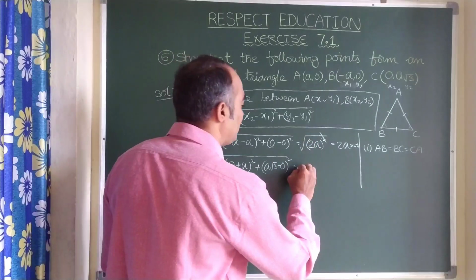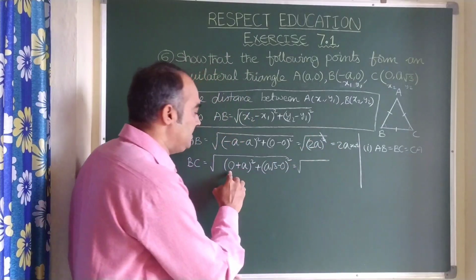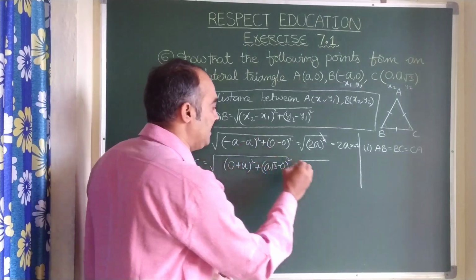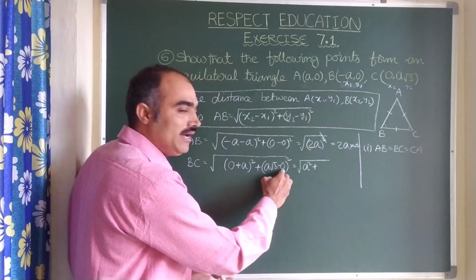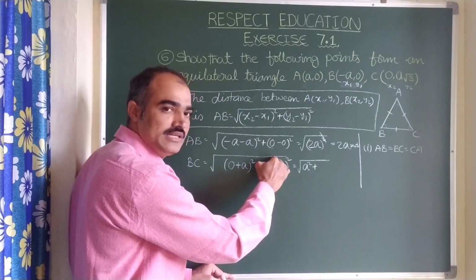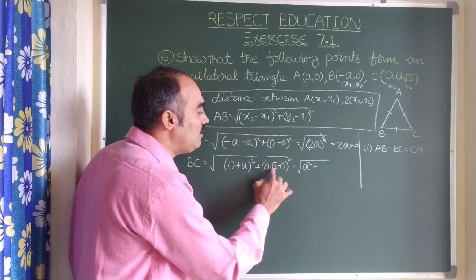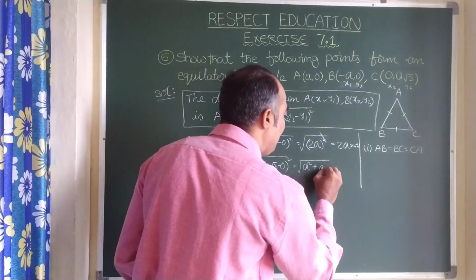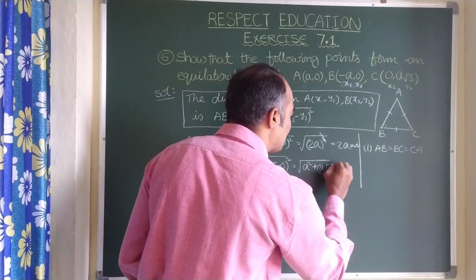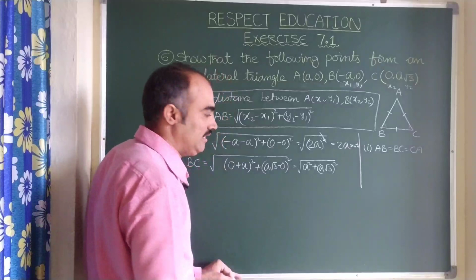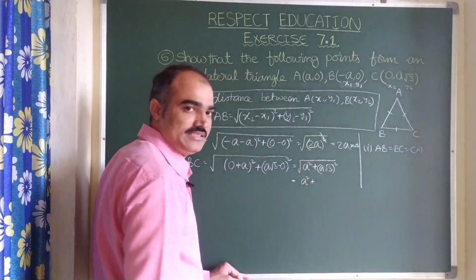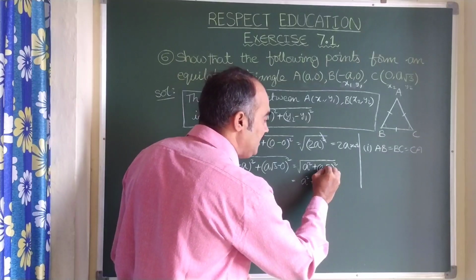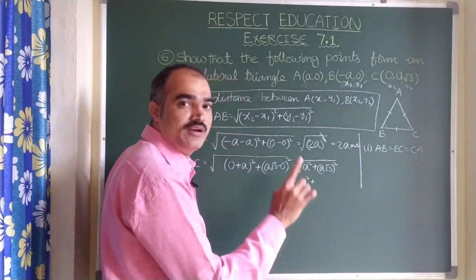Now let us simplify this one. Here 0 plus a is a. So it is a square plus (a root 3 minus 0), which is nothing but a root 3. Now here we get (a root 3) whole square. Let us simplify this. Write a square as it is. Now it is (a into b) whole square, so it can be split.